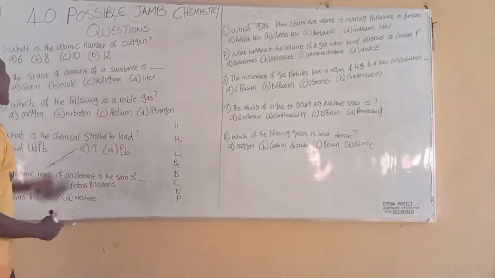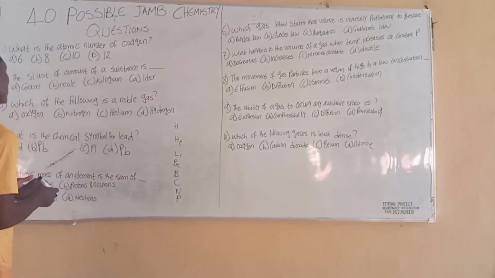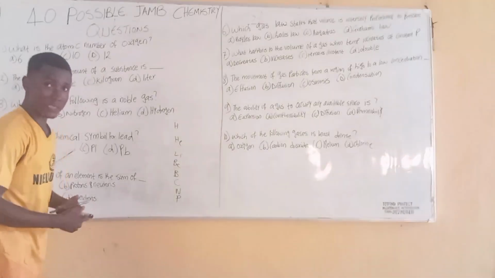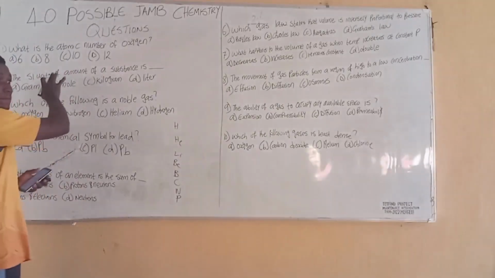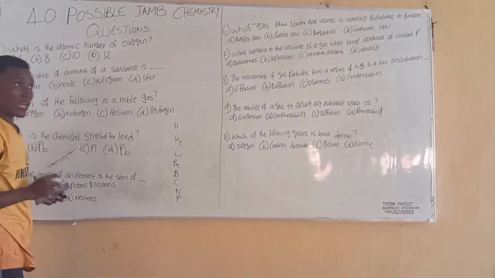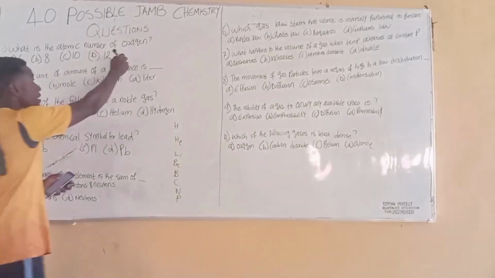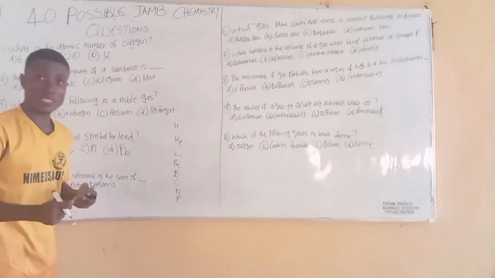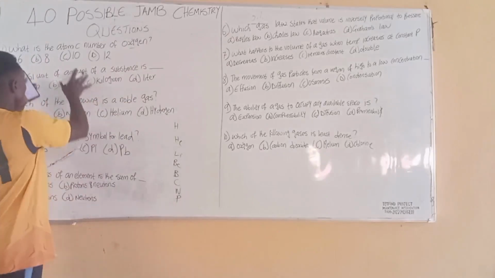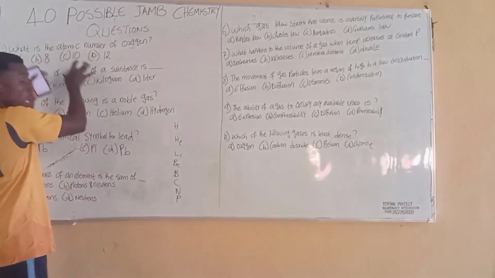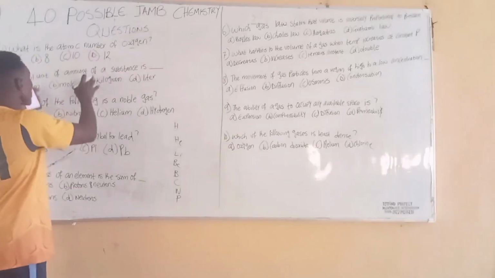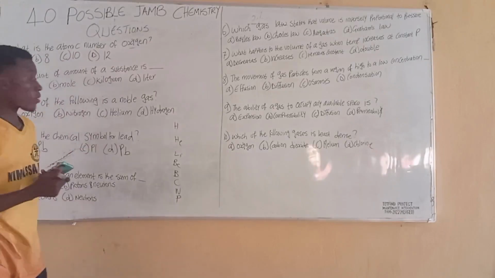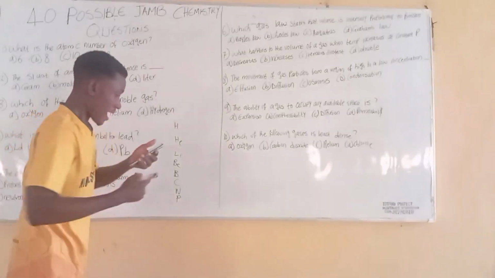It says, what is the atomic number of oxygen? The atomic number is simply the number of protons of an element. So when we check here, A is not the answer, because we are looking for oxygen. The atomic number of oxygen in this particular case, for this number one question, is B, because the atomic number is simply the number of protons of an element.